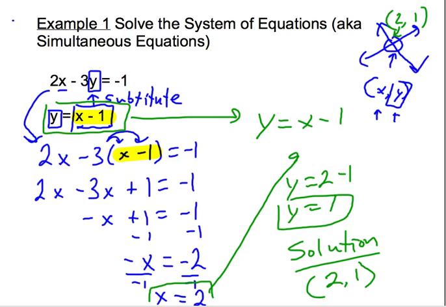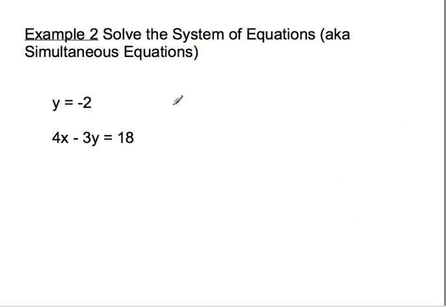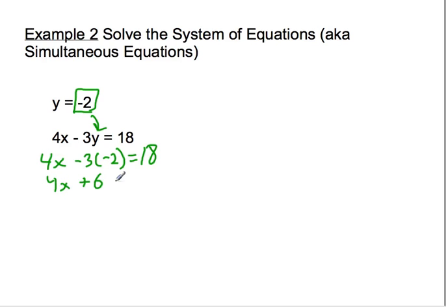Okay, let's look at another example. In this system of equations, it's already solved for y. We've got y equals negative 2, so we can substitute that into the second equation. We've got 4x minus 3 times negative 2 equals 18, and then we can just solve for x. So we're going to subtract 6 from both sides.